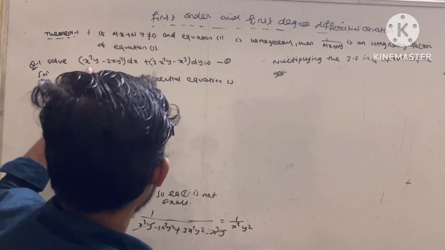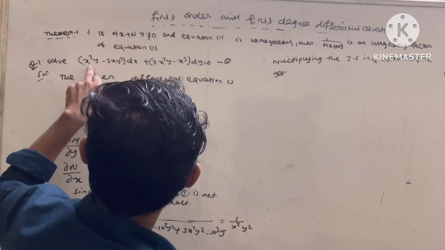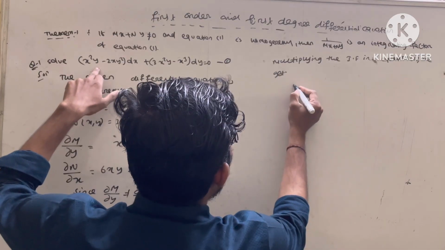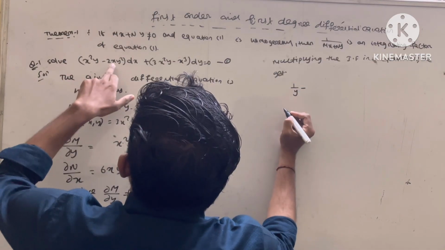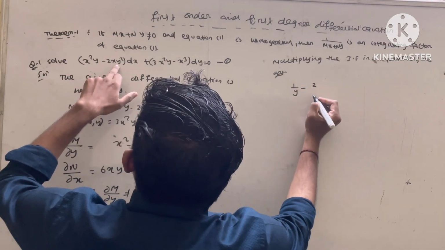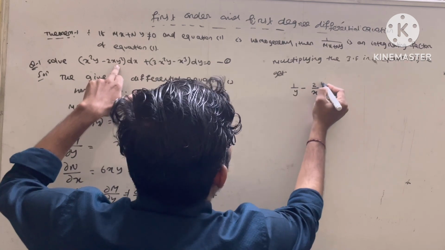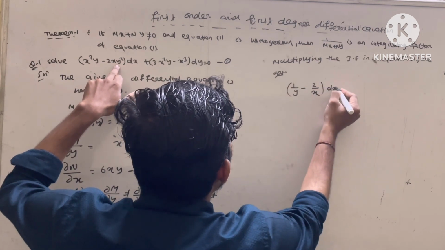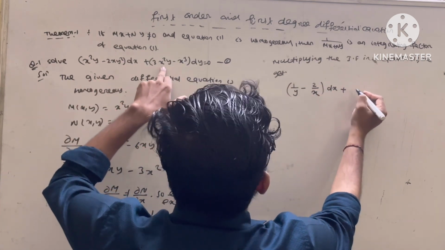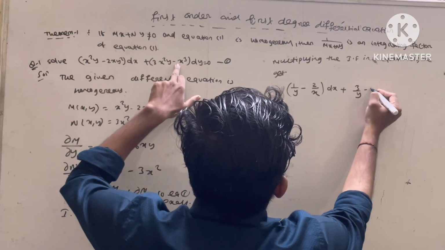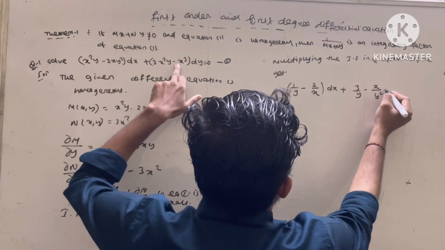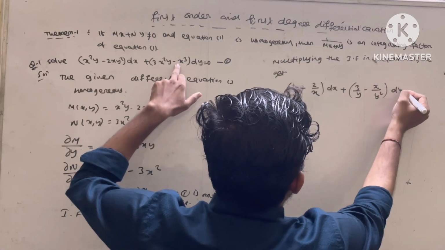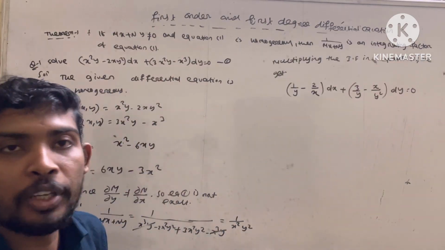Look here, multiplying by 1 by x square y square, so x square is cancelled out, y is cancelled, so we get (1 by y minus 2 by x) dx plus (3 by y minus x by y square) dy is equal to 0. So this is the given differential equation.